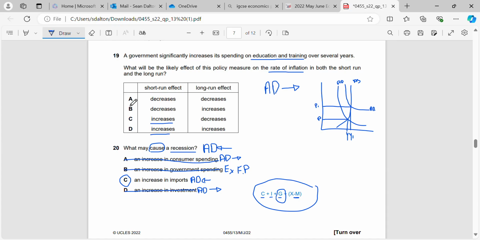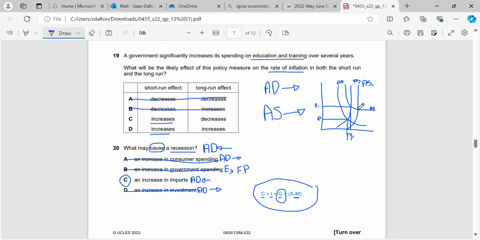Now what happens in the long run? In the short run, because government spending is a component of AD, it will shift right. But in the long run, it will actually help us to move AS to the right, because spending on education and training is going to result in an increase in the quantity and or the quality of resources. So in the future, what we may have is AS shifting to the right here, due to that increase in quantity and or quality.